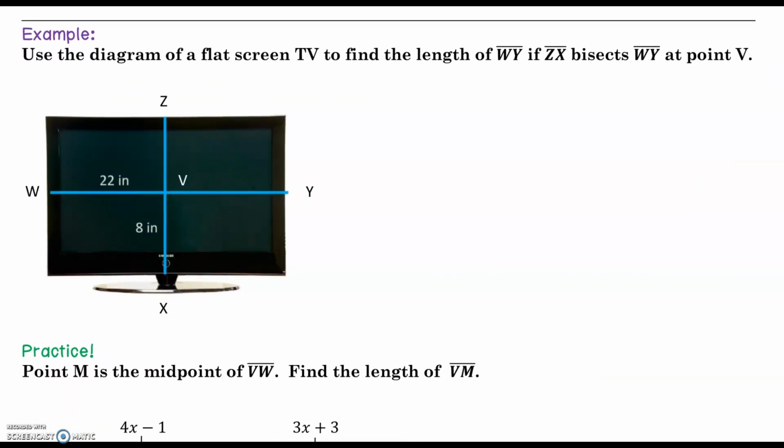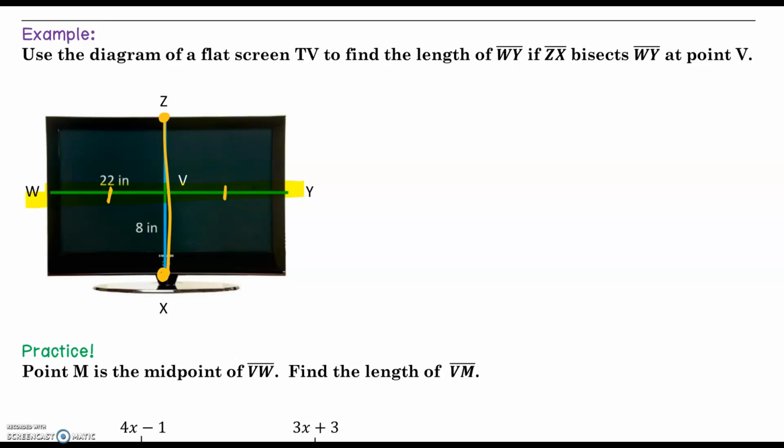So for the example, we want to use the diagram of the flat screen TV to find the length of WY. So we're finding this length here, WY. If ZX is a bisector of WY, so this segment here bisects segment WY, that tells me that segment WV and segment VY are the same.